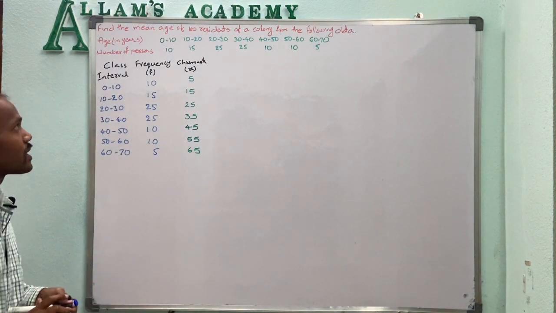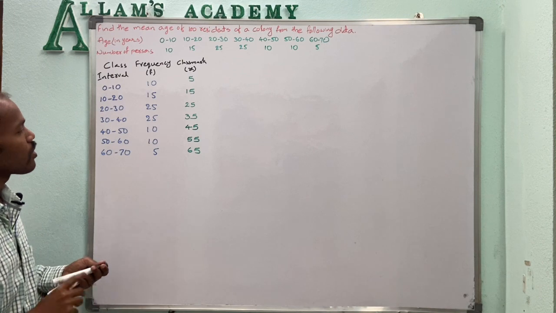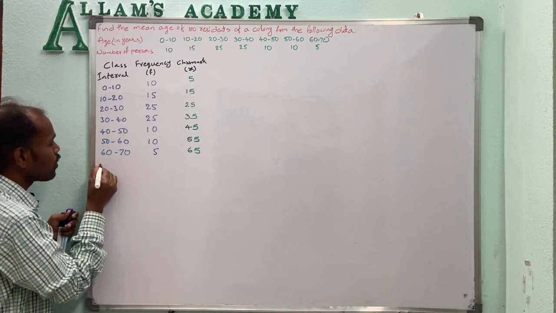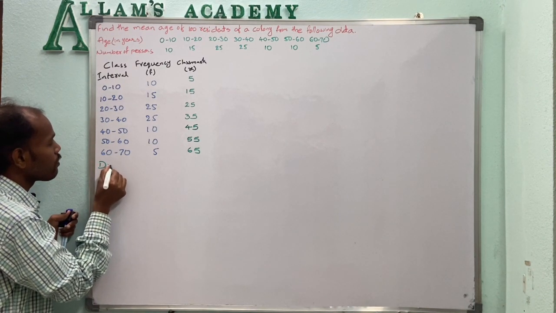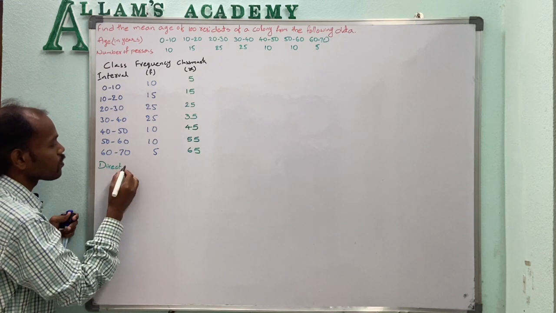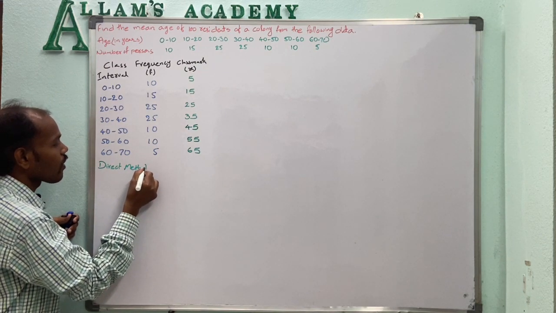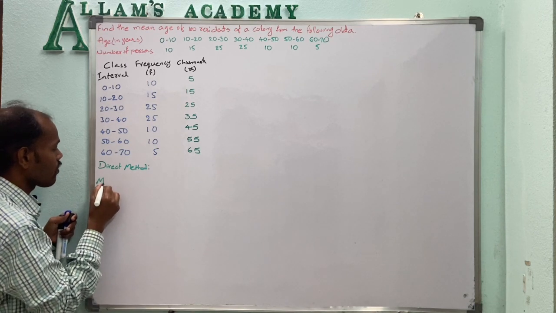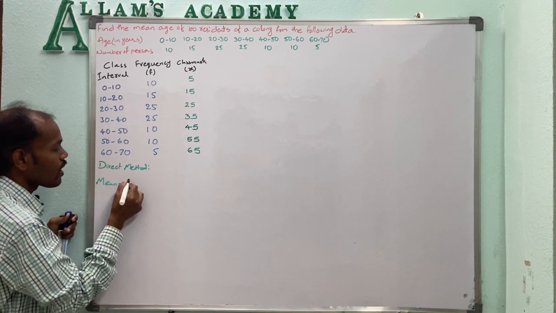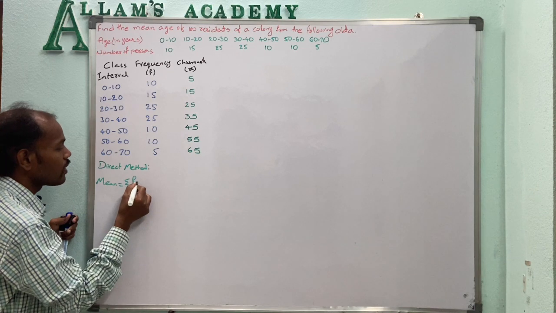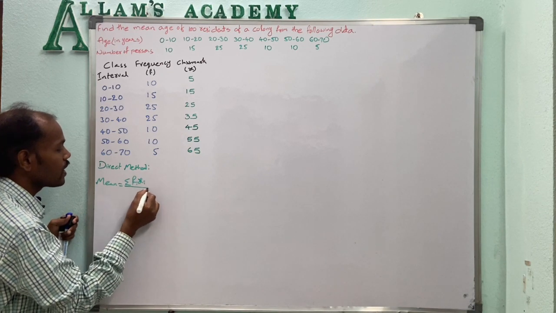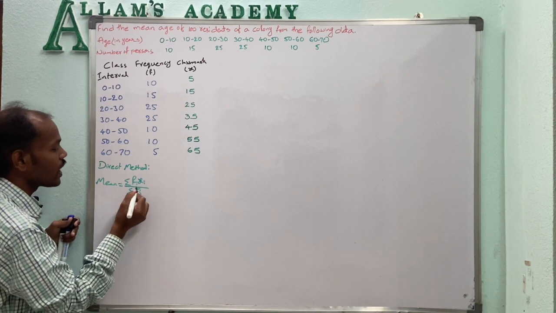Now the principle of the direct method for finding the mean is summation fi xi by summation fi.